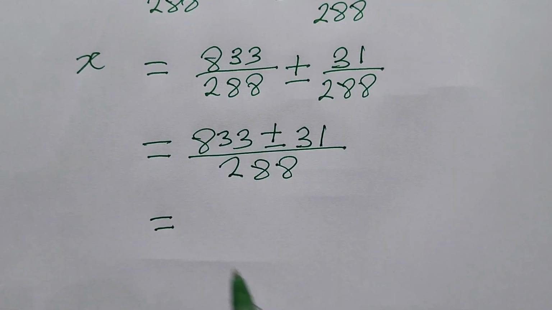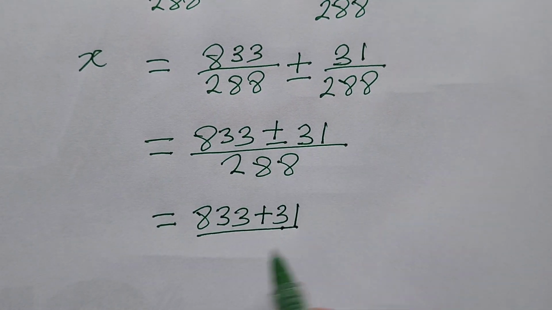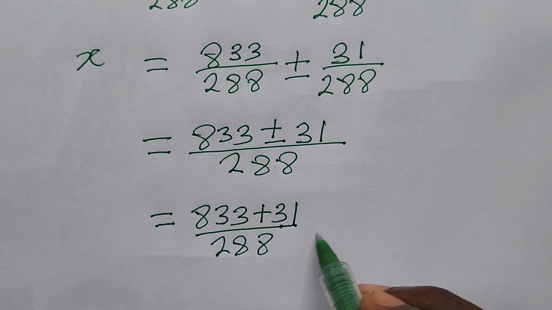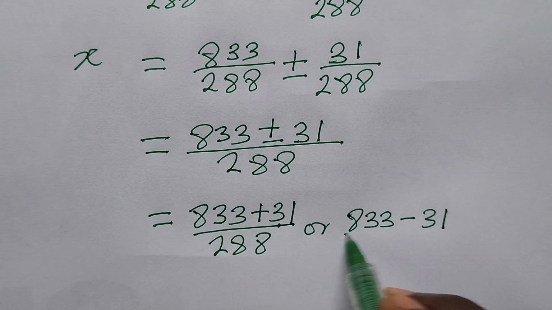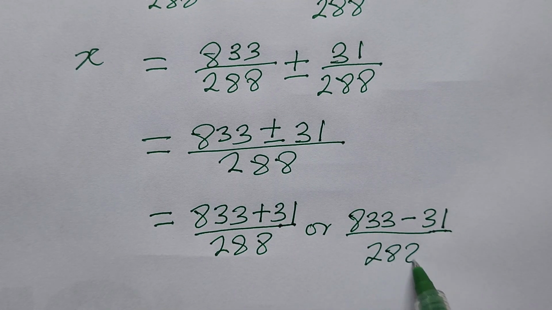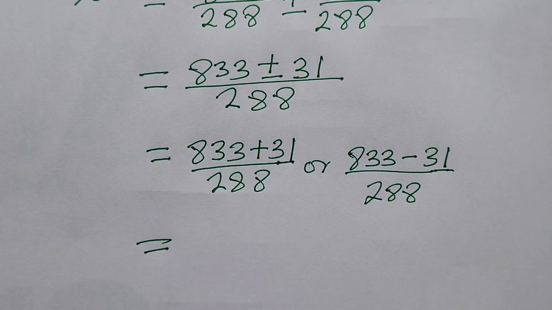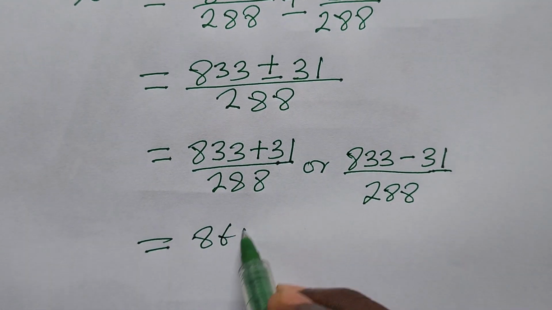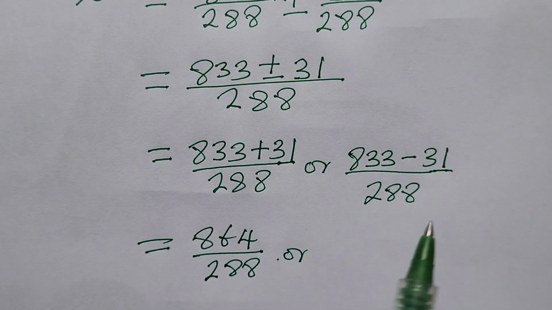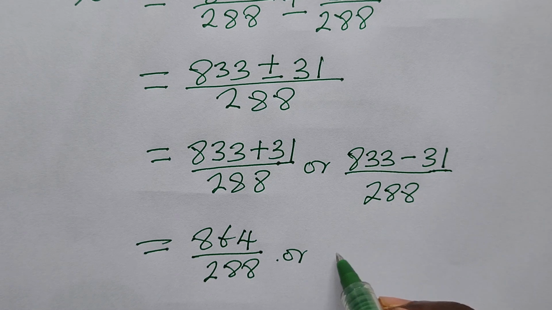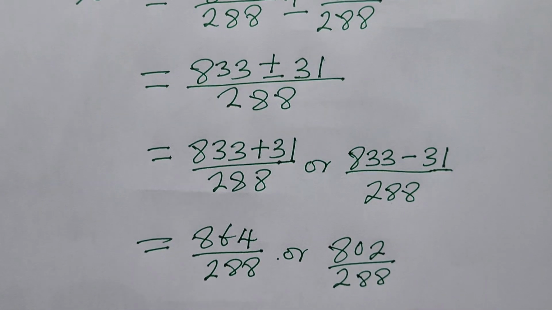So to split this will give us 833 plus 31 all over 288, or our 833 minus 31 all over 288. Okay, so we can add up these two terms here now. So if we add this together, this is going to give us 864 all over 288 there. Or if we subtract this from this is going to give us 802 all over 288. Right?